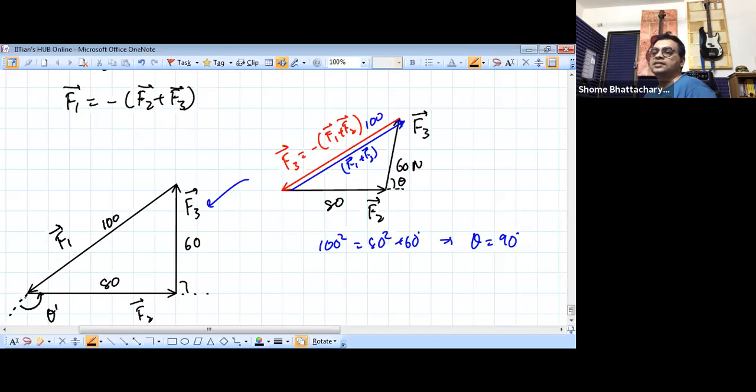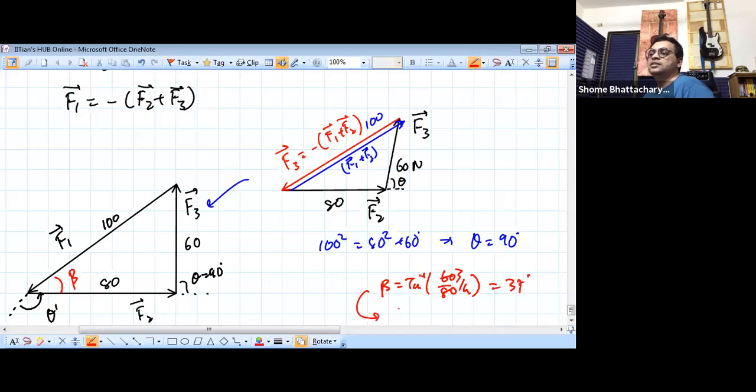Because this dotted line is the direction of F1 and this line is the direction of F2, whereas this angle is the angle between F2 and F3. So you can see theta prime, we can now calculate this way. Take this interior angle as something else, take it as beta or something. So from the triangle you can see that beta is tan inverse of 60 by 80 or 3 by 4. So that means beta is how much? 37 degrees.